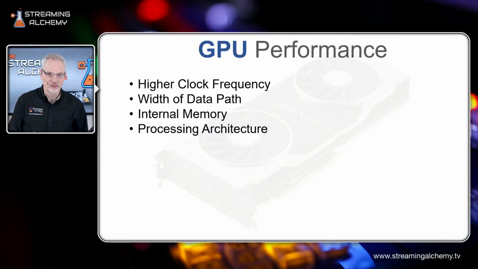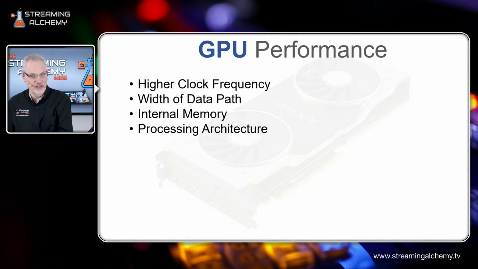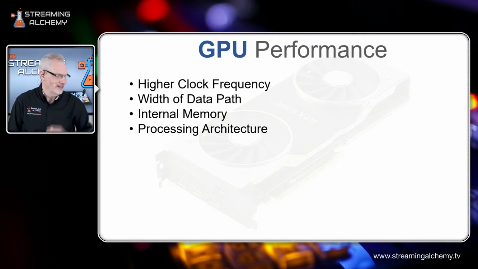The other piece, I mentioned, is the processing architecture. As cards have evolved over time, they usually adopt an architecture for a family of cards. So in the NVIDIA line, currently it's Turing, but they had Kepler and Maxwell and Pascal, and all of these were different architectures, in addition to being great scientists.